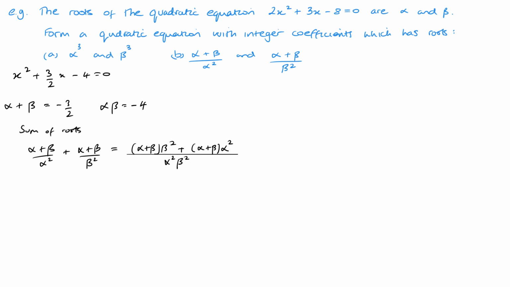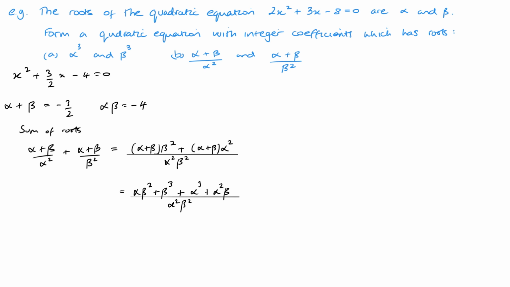So let's now expand these brackets on the top. So we get alpha beta squared plus beta cubed plus alpha cubed plus alpha squared beta, and of course that's over alpha squared beta squared. So starting to come together.